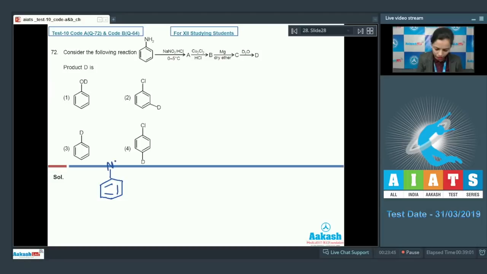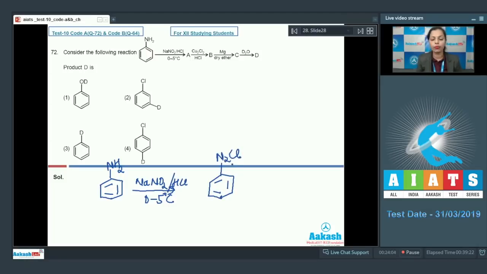This is my aniline. It is reacting with NaNO2 and HCl in the presence of 0 to 5 degrees Celsius temperature. It means quite low temperature it is, and there is the formation of benzene diazonium salt. I'm just writing here N2Cl. It is formed.